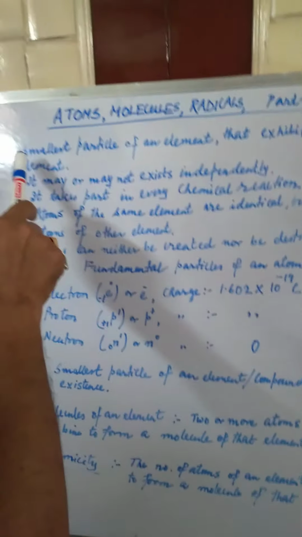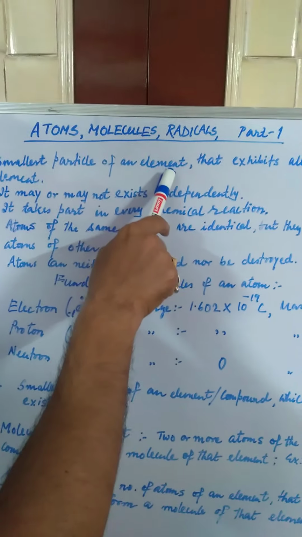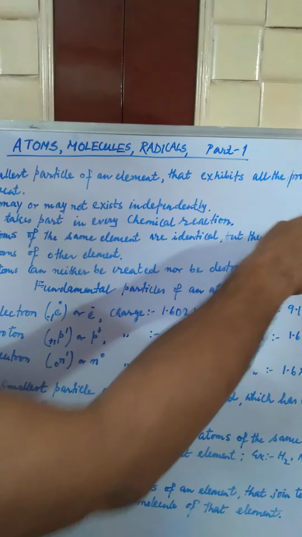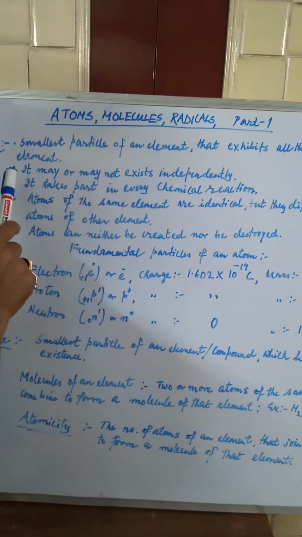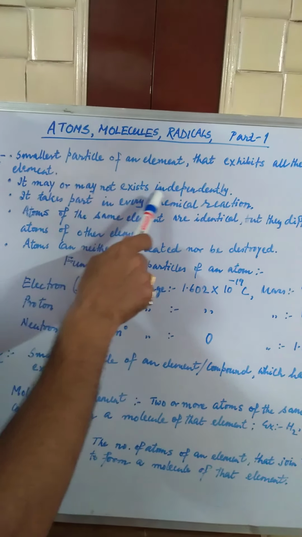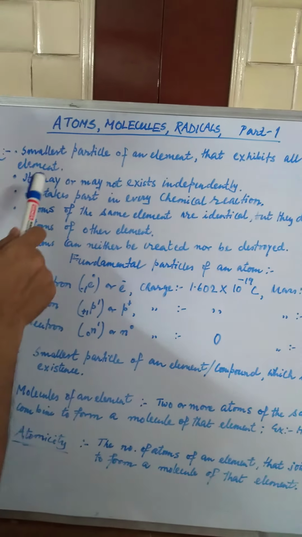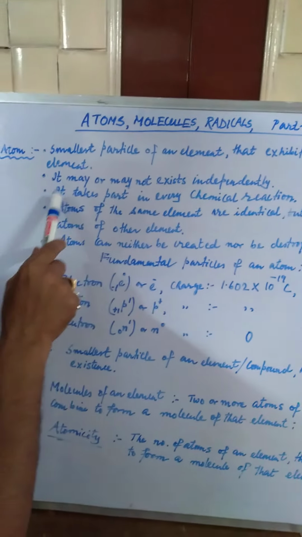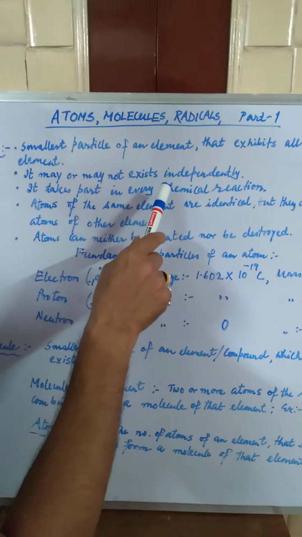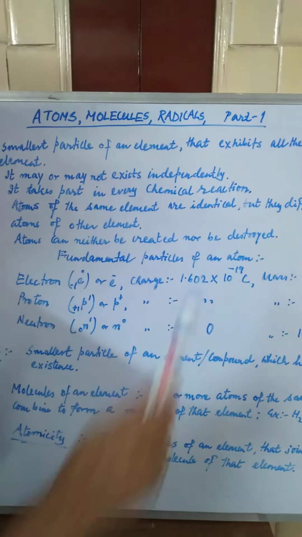Okay. Now you see, an atom is the smallest particle of an element that exhibits all the properties of that element. It may or may not exist independently. As I discussed, the atoms of metals have individual existence and can exist independently, but the atoms of non-metals cannot exist independently. Next, it takes part in every chemical reaction.